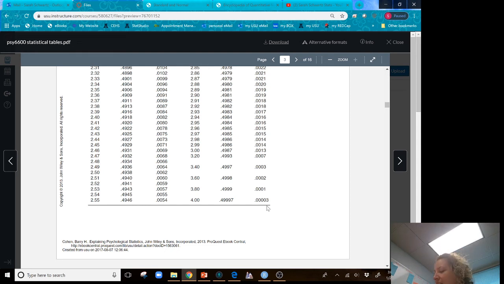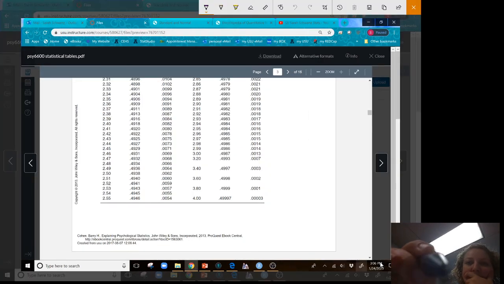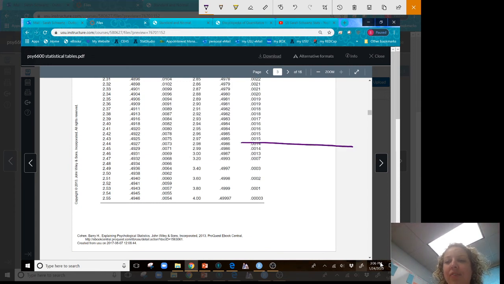So how much is it beyond 6 standard deviations? If I had a normal curve, here's the center.